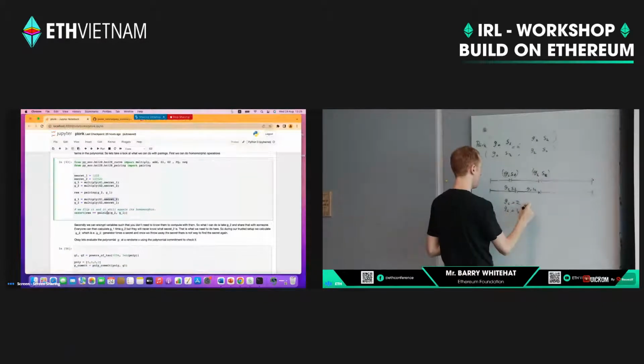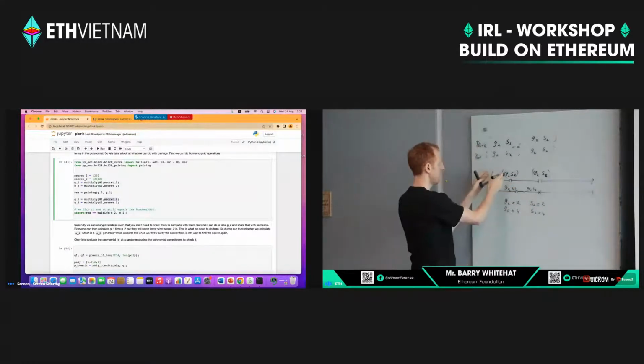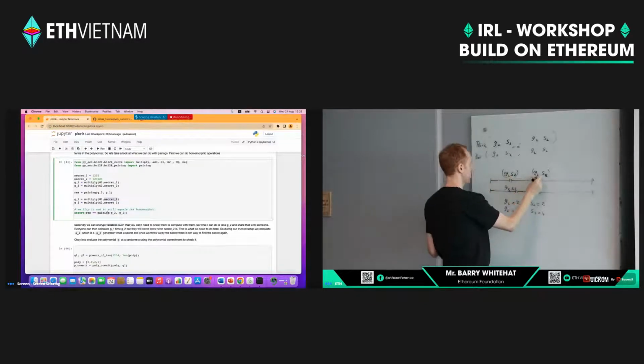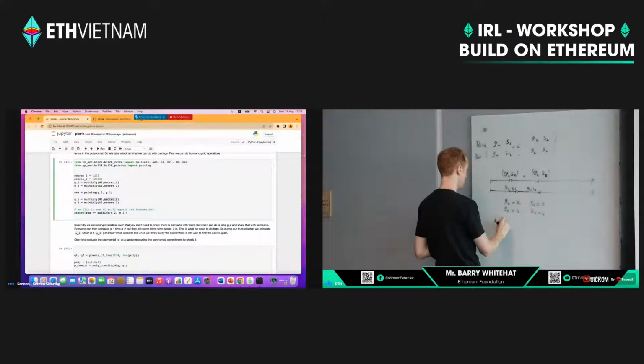Then S1 equals 2 and S2 equals 4. Let's calculate these out, replacing the pairing with multiplication. G1 times S1 is 4, multiplied by G2 times S2, which is 16. So 4 times 16 is 64.